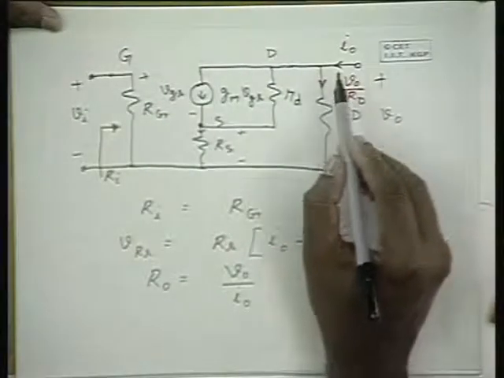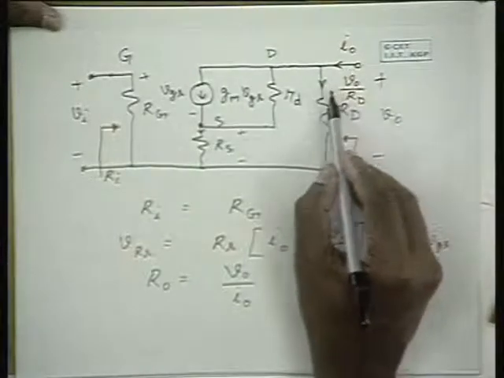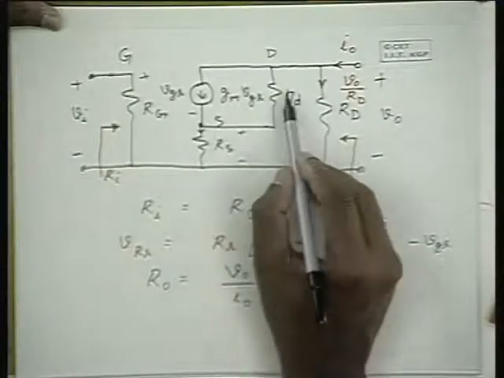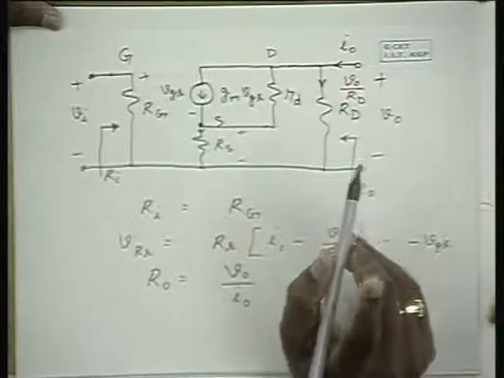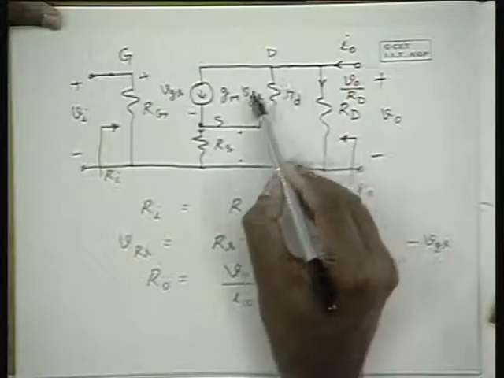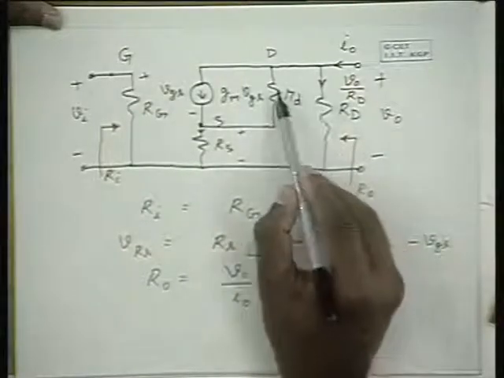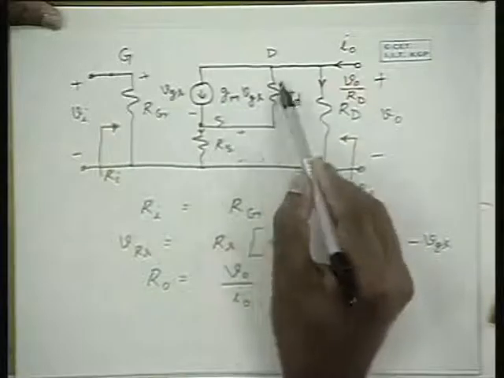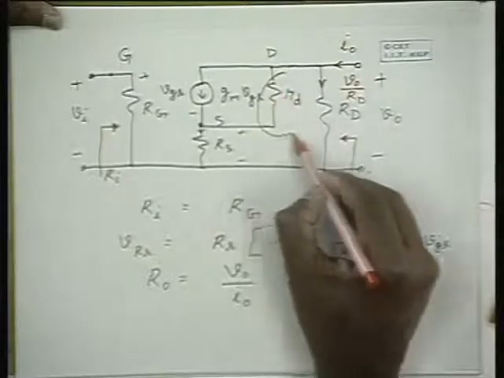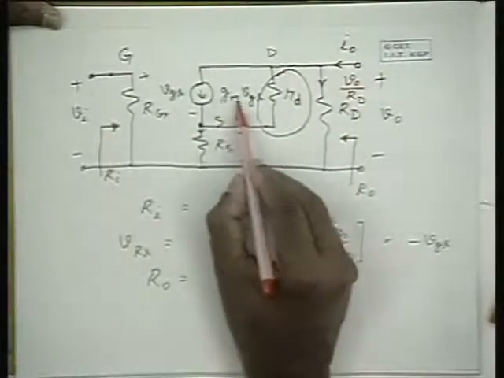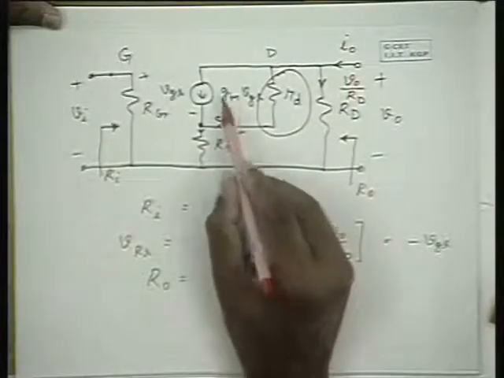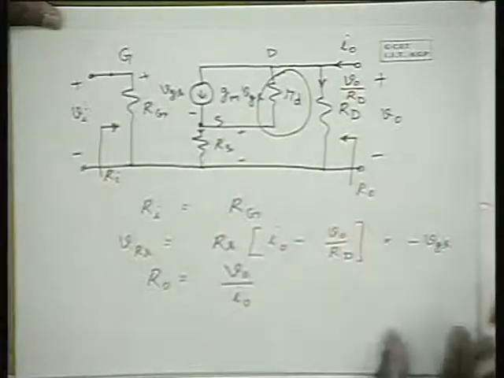Now from the output equation, this current is GM-VGS. Let us do some approximation here to start with and then remove the approximation. When this RD is very high, you can neglect this small RD, and if you neglect it, this entire current GM-VGS flows through RS, and VRS is equal to GM-VGS into RS itself.